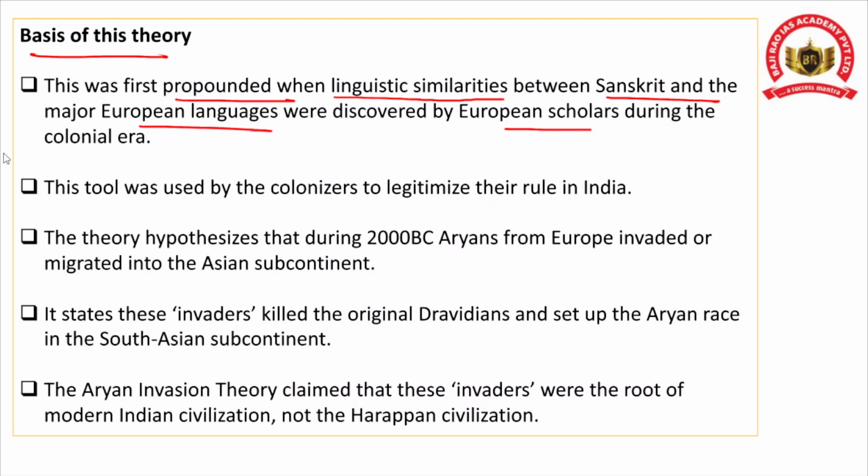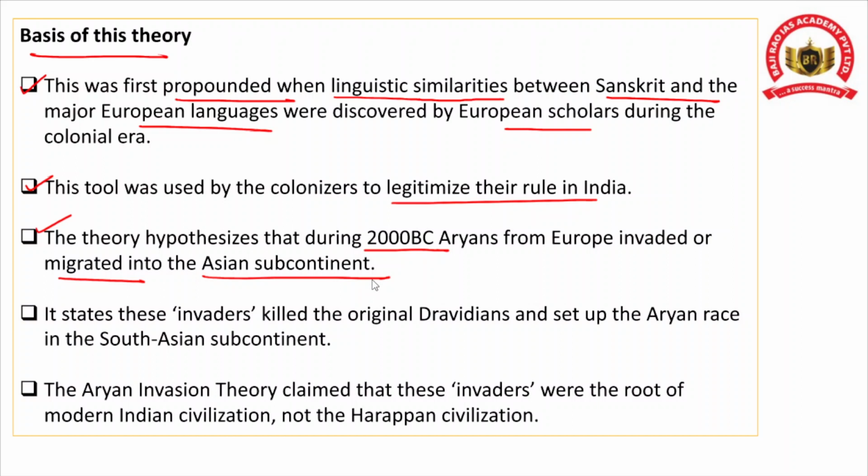Based on this evidence, scholars claimed that the Aryan invasion did take place. Secondly, this theory was used by colonizers to legitimize their rule in India. Once they established the Aryan invasion theory through linguistic similarities, they used it to legitimize their rule in India.